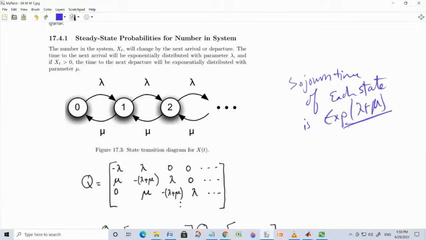The arrival process is assumed to be independent of the service process, and so the sojourn time of any state is the minimum of exponential lambda and exponential mu random variables, and so it is an exponential random variable with parameter lambda plus mu.